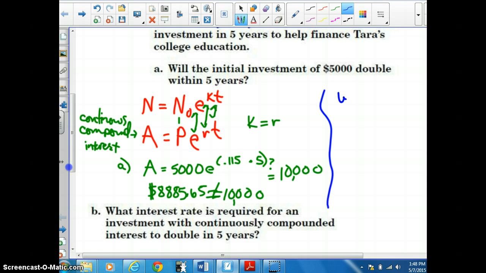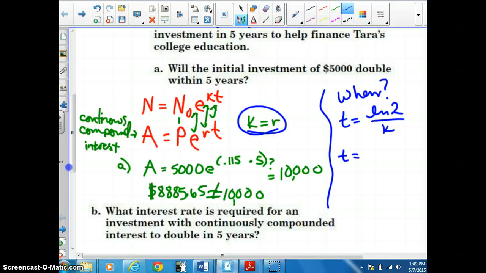So then the question is, when will it double? To do that, we're going to take that second time equation that's given at the top of the page. It says t equals the natural log of 2 over k. Remember that k is the interest rate. K and r are the same thing for this particular problem, so it's only specific to this problem.